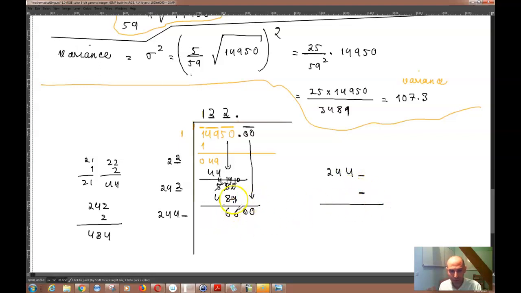It has to be around 6,600. So that would be 2,500. 3 times 2,500 is 7,500, so that's a 2 again.